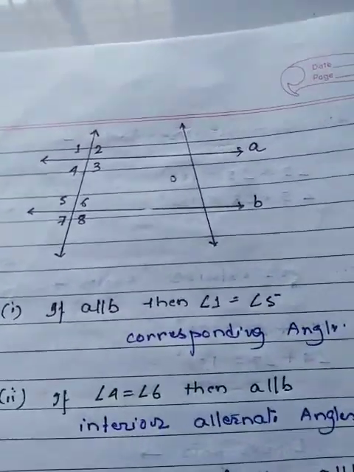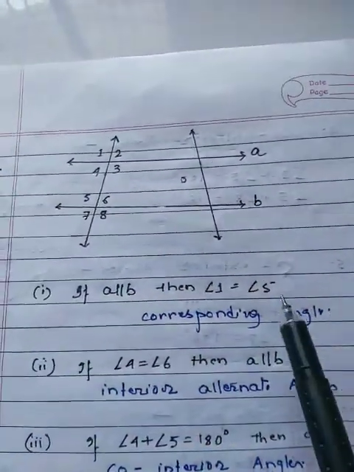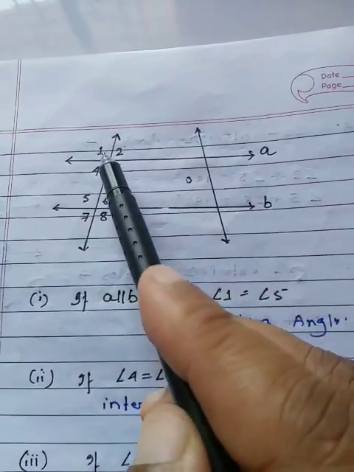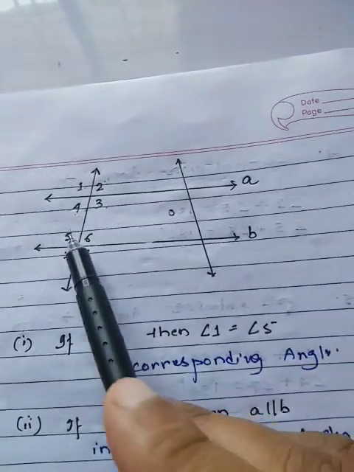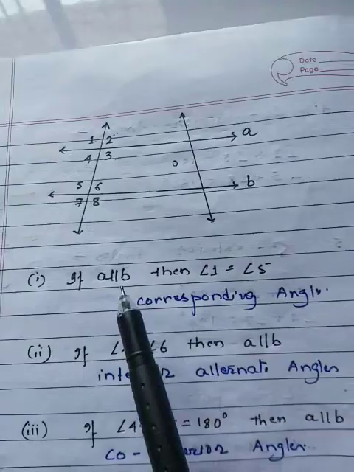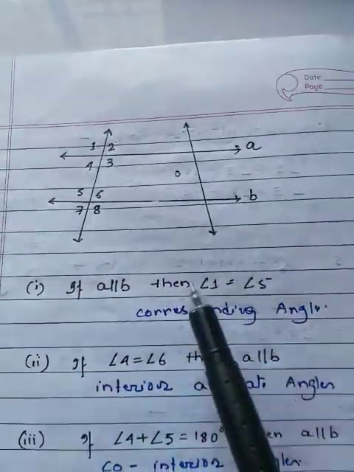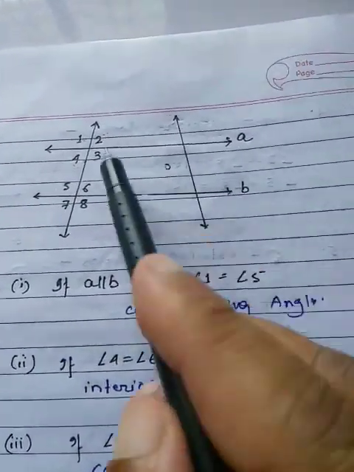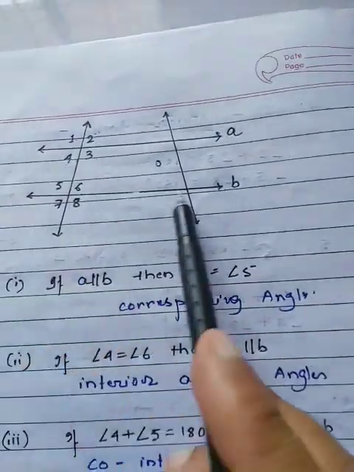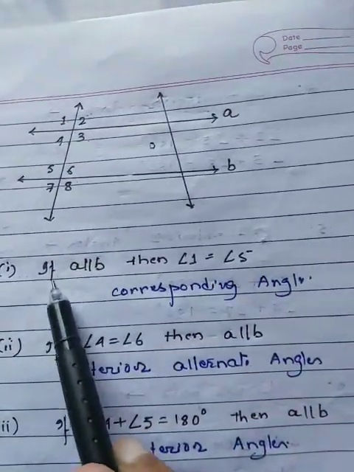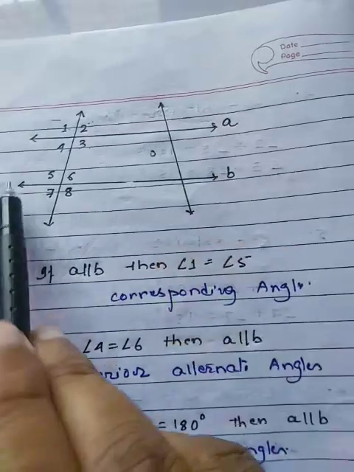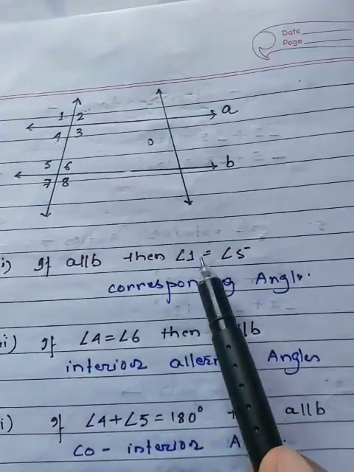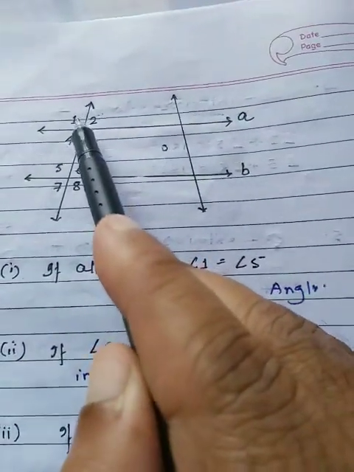The first question they have asked, they have given one particular drawing and some angles they have mentioned, 1, 2, 3, 4, 5, 6, 7, 8. Now the first question related to this figure is: if A and B, see this line is A, this line is B, if A is parallel to B, if these two lines are parallel to each other, then angle 1 is equal to angle 5.